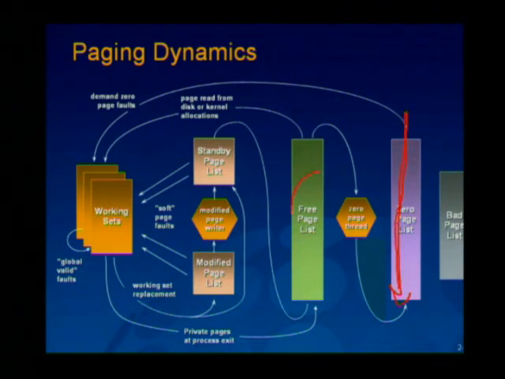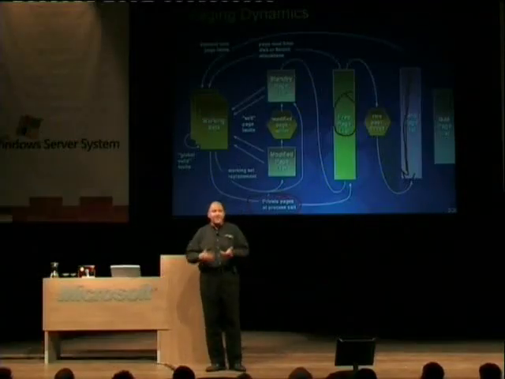This only grows when the free list grows. The free list only grows when processes exit. How often do processes exit on a server? Not very often, if at all. Even on a workstation. I mean, most people, they start Internet Explorer, they start Outlook and Solitaire. And then they use Solitaire the rest of the day.